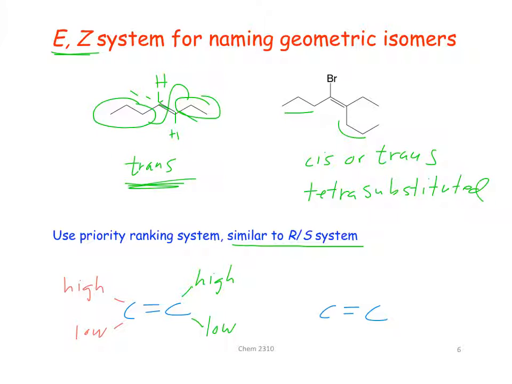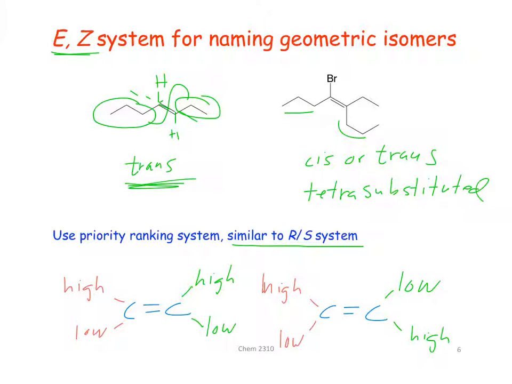The other possibility would keep this side the same, but we switch the right end, high, low. So these 2 would be stereoisomers of one another.